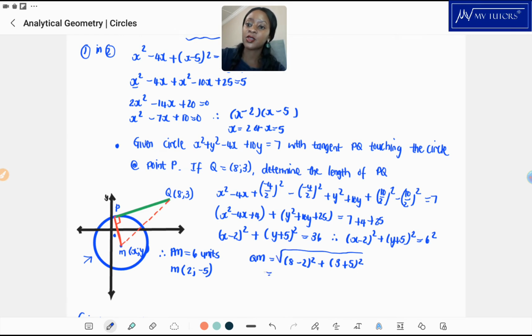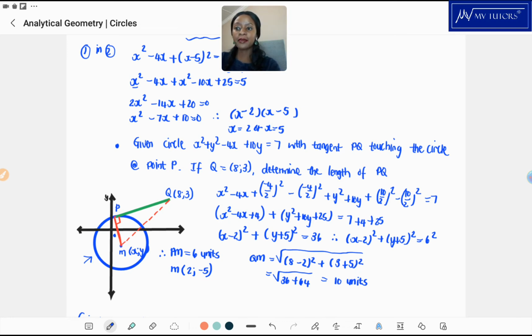So 8 minus 2 is 6, 6 squared is 36, 3 plus 5 is 8, 8 squared is 64. Root of 36 plus 64 is root of 100, so QM is 10 units.